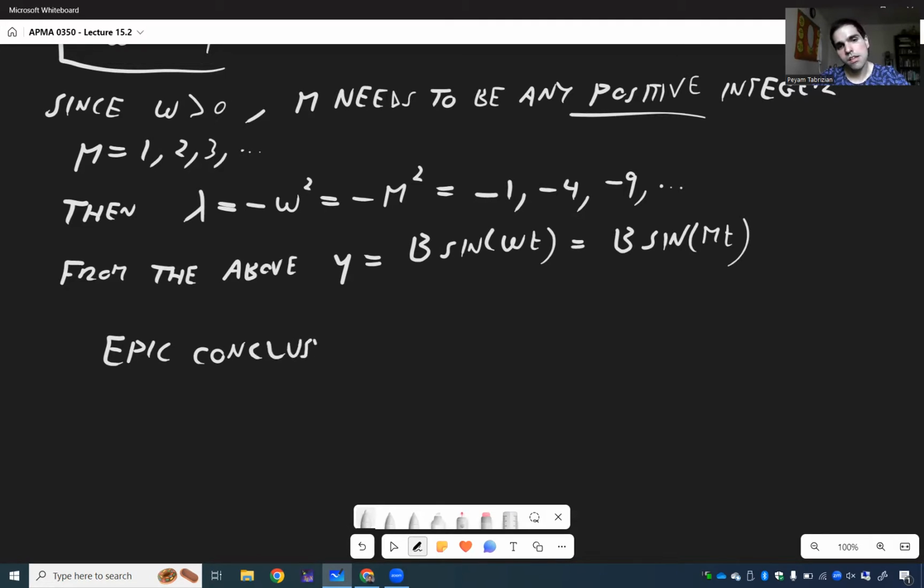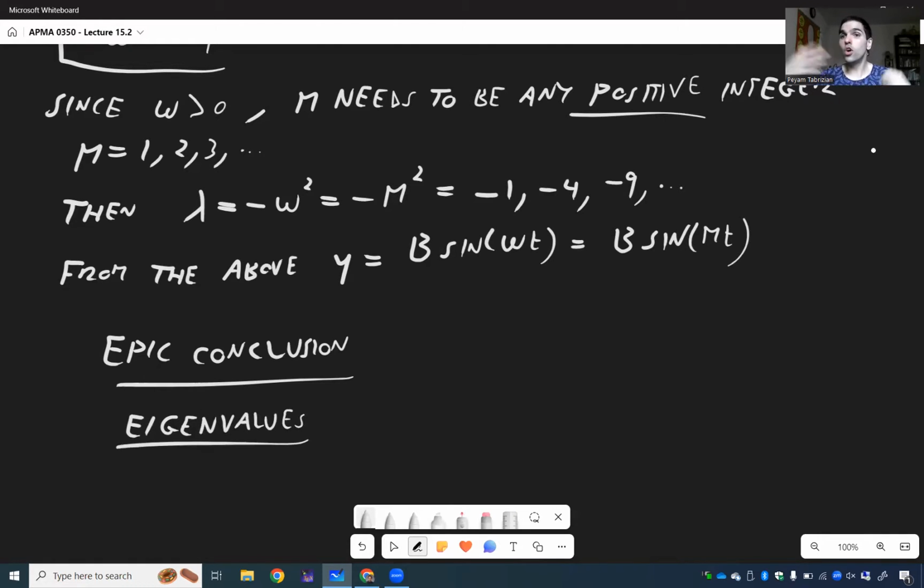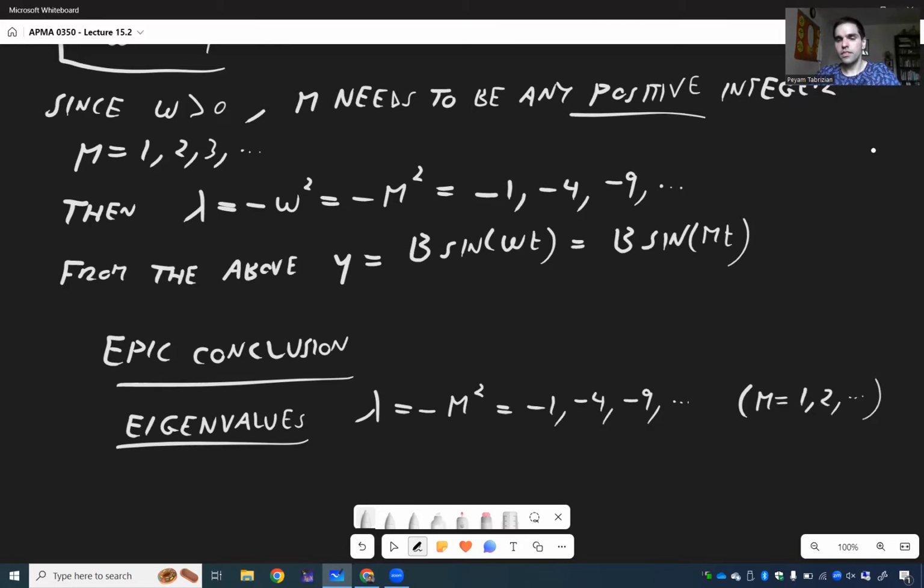Well, a couple of things. So the values of lambda that work are -1, -4, -9, etc. Those are what are called the eigenvalues. Like the previous video where the roots were the eigenvalues. So lambda is minus m squared, which is really -1, -4, -9, where m is 1, 2, 3. So please specify the values of m.